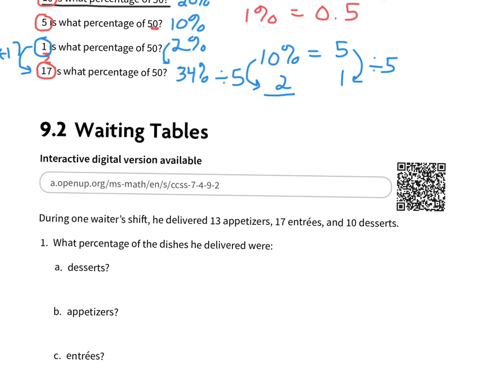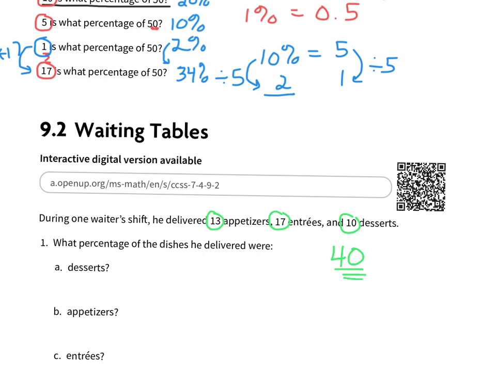This is actually an important thing to know how to do, and companies might want to keep track of these things. What are we selling most of? What percent are we selling the most of? Well, here's what we need to know: how many total things did he deliver to his tables? He delivered 13 appetizers, 17 entrees, and 10 desserts, for a total of 40 items altogether.